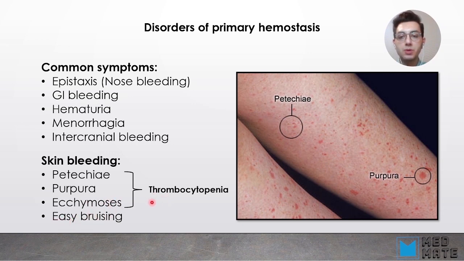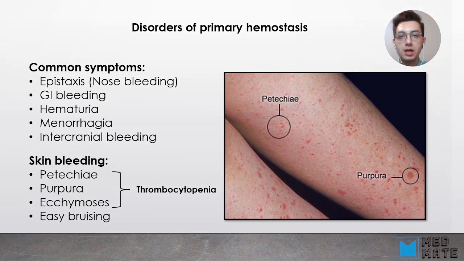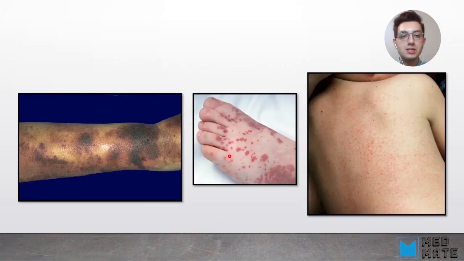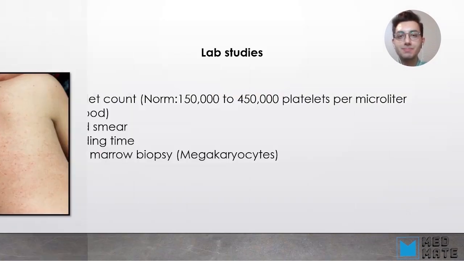Now, patients with this normally have thrombocytopenia. Also, people who are suffering from disorders of primary hemostasis may present with easy bruising. Now, here you can see some of the symptoms. Here you can see petechiae or purpura and ecchymosis and bruising and other sorts of primary hemostasis symptoms.